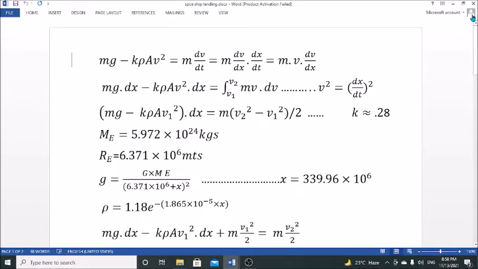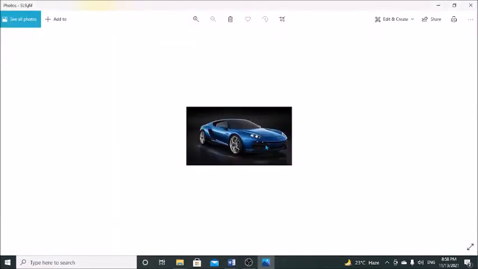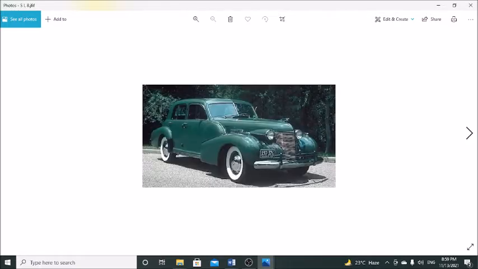Note that k varies with the aerodynamic shape of the body passing through the air. For a modern sport car like this, the k could be lesser than 0.28. It could amount to 0.18, 0.2. For an old car like this one in this picture, the k could amount to 0.75 or even 0.8.